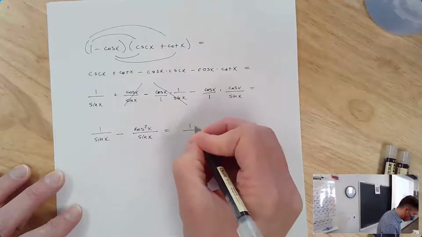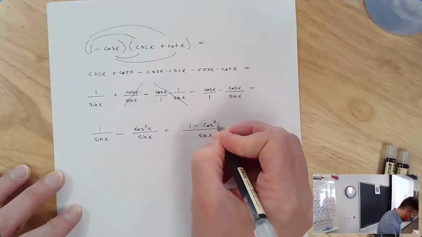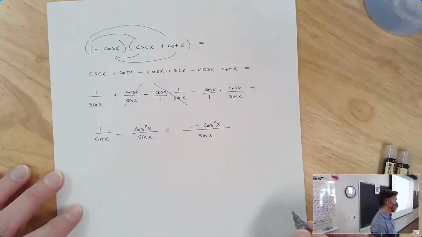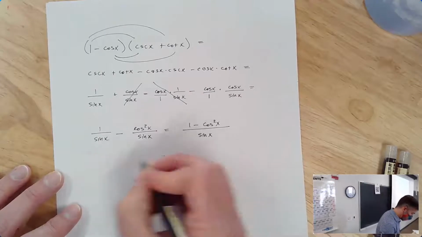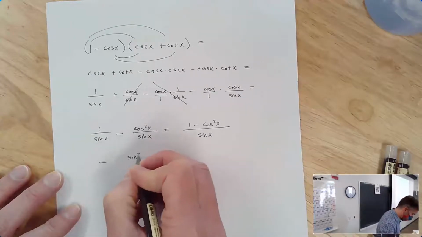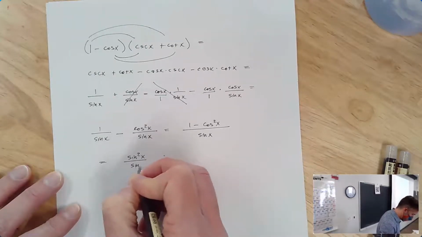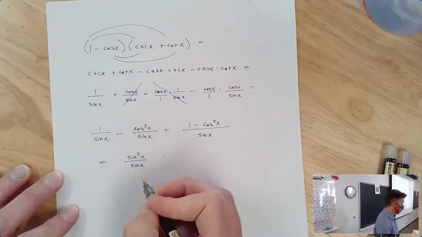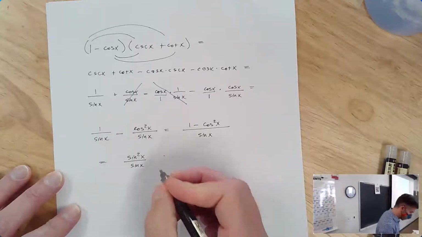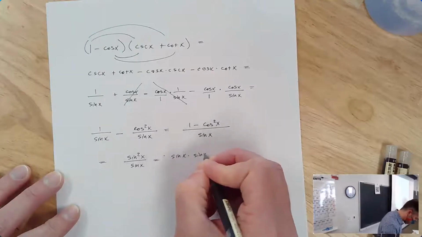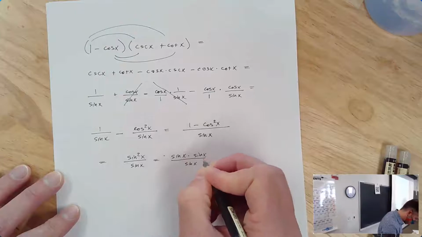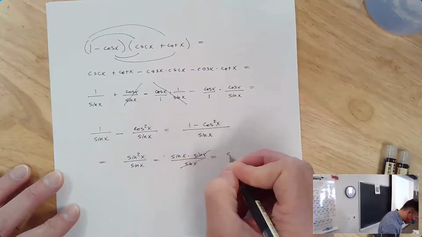The numerator is 1 minus cosine squared x, which I can replace with what? Sine squared, right? So this is going to be sine squared x over sine of x. And sine times sine divided by sine, one of the sines cancels. You can even write this as sine x times sine x over sine x. One of those cancels.